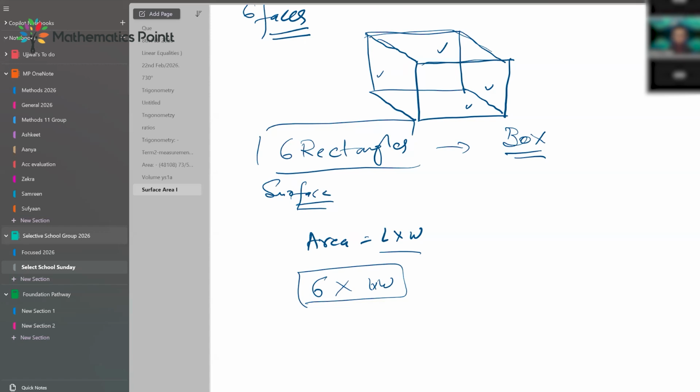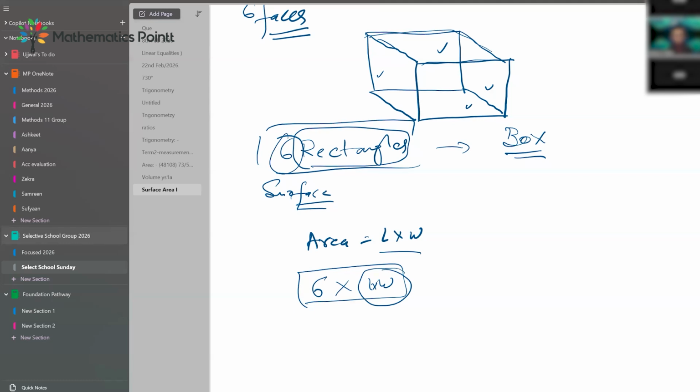What have we done? We've just looked at how its outer surface looks, what geometrical two-dimensional figures it has. So in this case, it has rectangles. How many? Six. And then we found the area of one rectangle, times it by six.